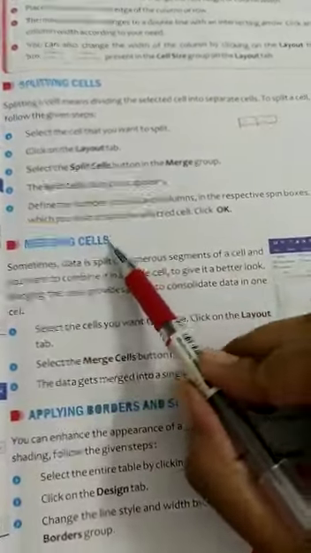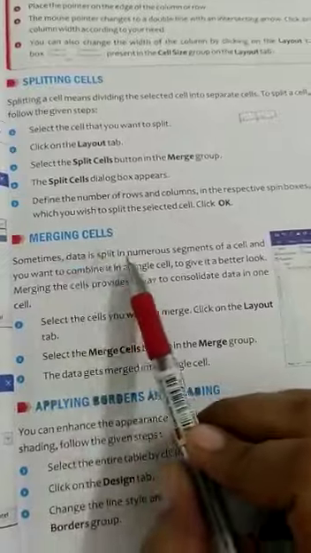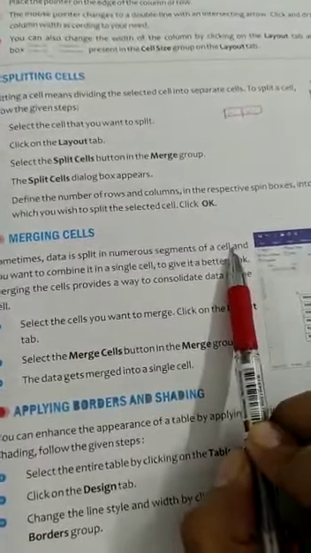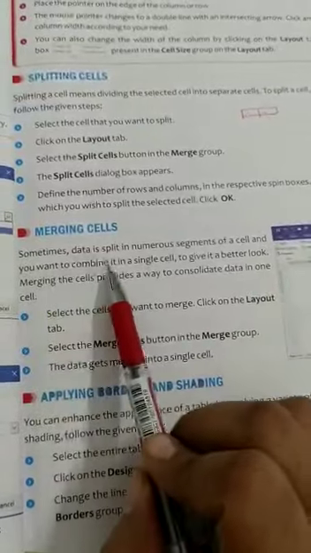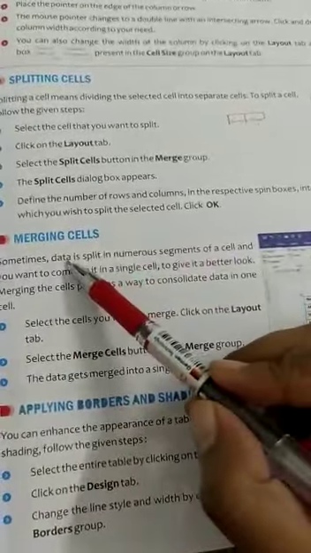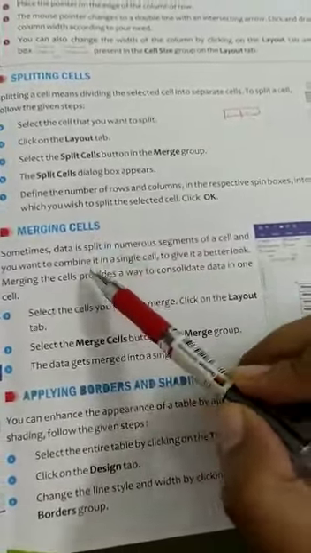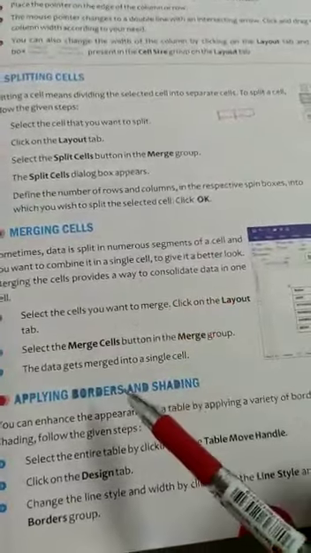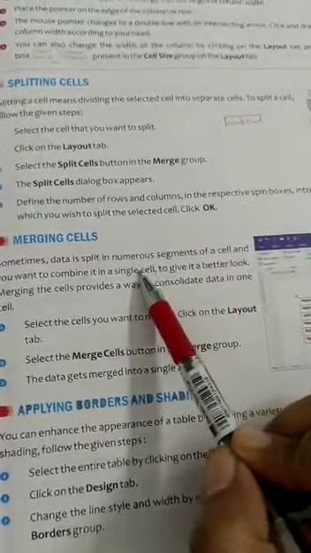Next is merging cells. Sometimes when you are creating a table, data is split into numerous segments of a cell and you want to combine all these segments into a single cell to give it a better look.